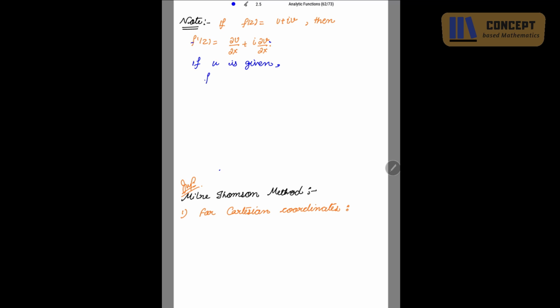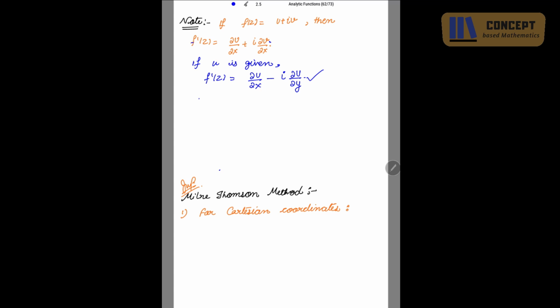That is, your f dash z will become del u over del x, because here v is not given, only u is given. Then this can be changed to minus iota del u over del y. So if we are not interested to find the harmonic conjugate v, we can use this equation for finding our analytic function f of z. Now this equation is for f dash z.